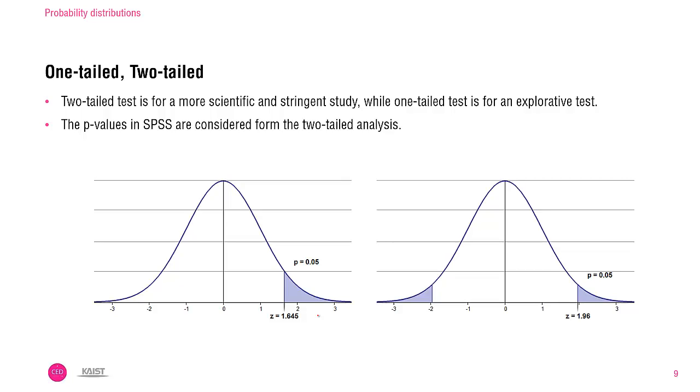I think you are now meanwhile acquainted with these curves. As additional information, you need to be aware of one-tailed or two-tailed. The size of a shaded area is the probability here. So P equals 0.05 here means the size of this shaded area is 0.05.